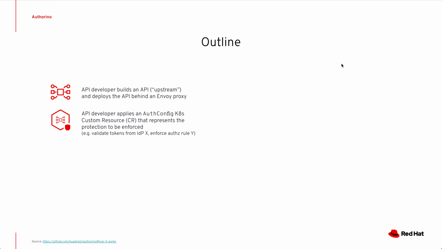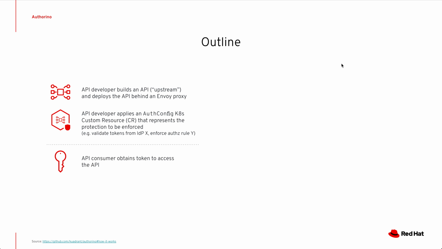For example, validate tokens expectedly issued by an OAuth 2 server or identity provider X. Enforce authorization rule Y, for instance, on POST requests to /admin/*, the user that holds a token must be bound to a role named admin. Let's call this user the API consumer for a more general term.